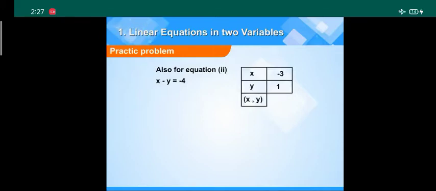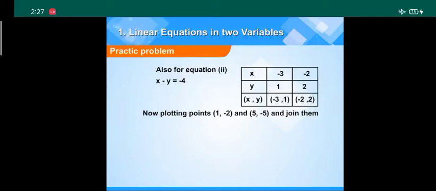Also for equation 2, x minus y is equal to -4: x is -3, y is 1, coordinates of xy are -3 and 1. Similarly, x is -2, y is 2, coordinates of xy are -2 and 2.